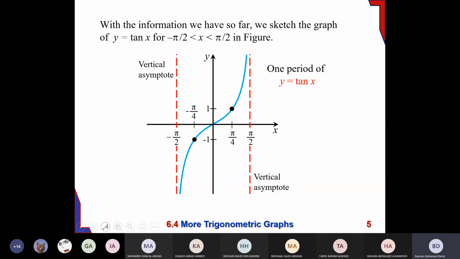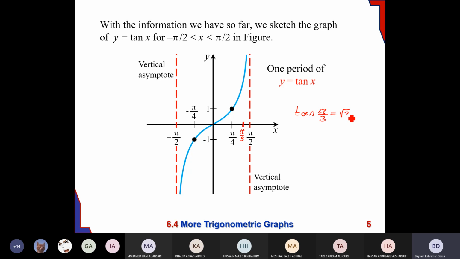How about pi over 3? Pi over 3 is greater than pi over 4, of course, but less than pi over 2. It is somewhere here. Do we remember what tangent of pi over 3 was, Shabab? Root 3, I think. Yes. Tangent of pi over 3 is root 3.